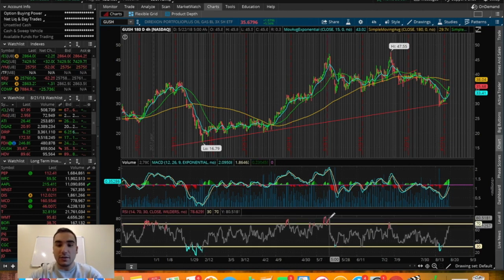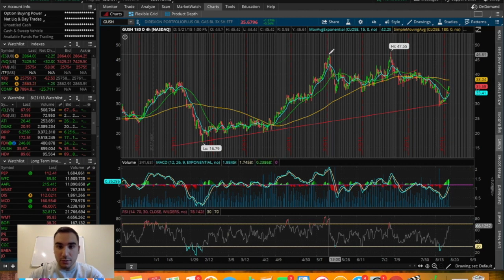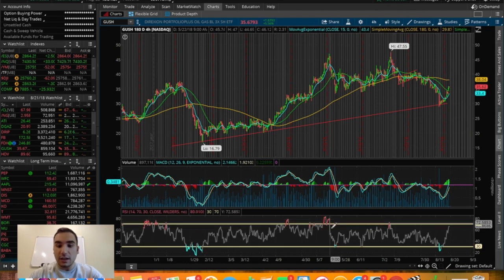And then what we noticed after it was in the overbought territory a little bit, the stock's price dropped a ton. It went from $46.75 all the way down to $33. And that opened up a huge potential for profit for this particular stock. But it also dropped the RSI levels all the way down to oversold territory at about 29.